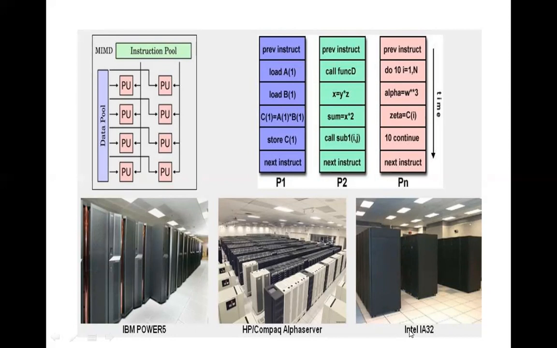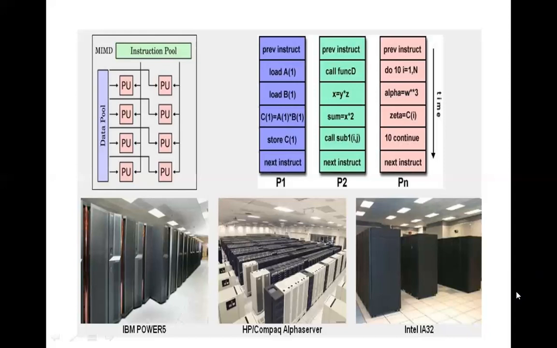One is single instruction single data, that is the von Neumann architecture, and next single instruction and multiple data, that is SIMD, then multiple instruction and single data, and the last one, multiple instruction and multiple data. These are the 4 categories according to Flynn's taxonomy. In parallel processing he classified it. Okay, so these are the 4 taxonomies available.